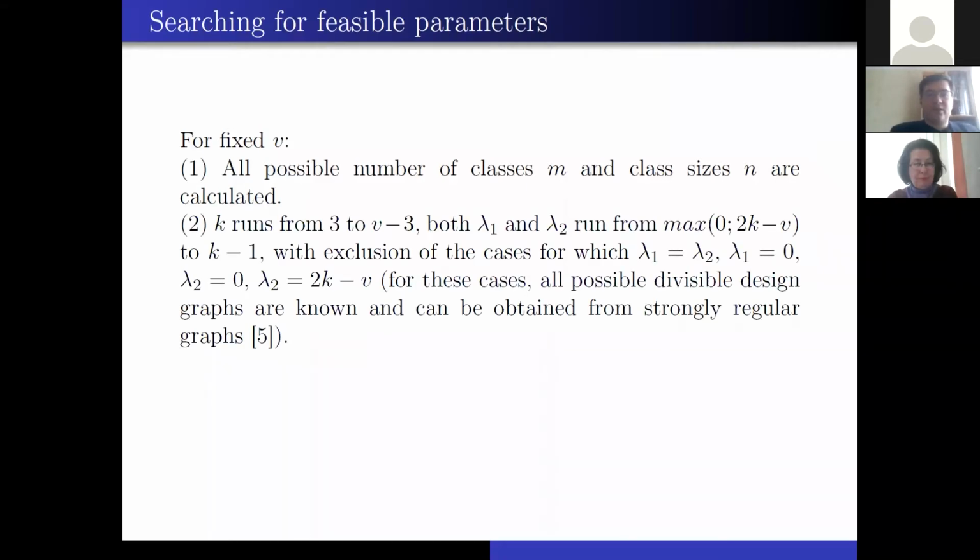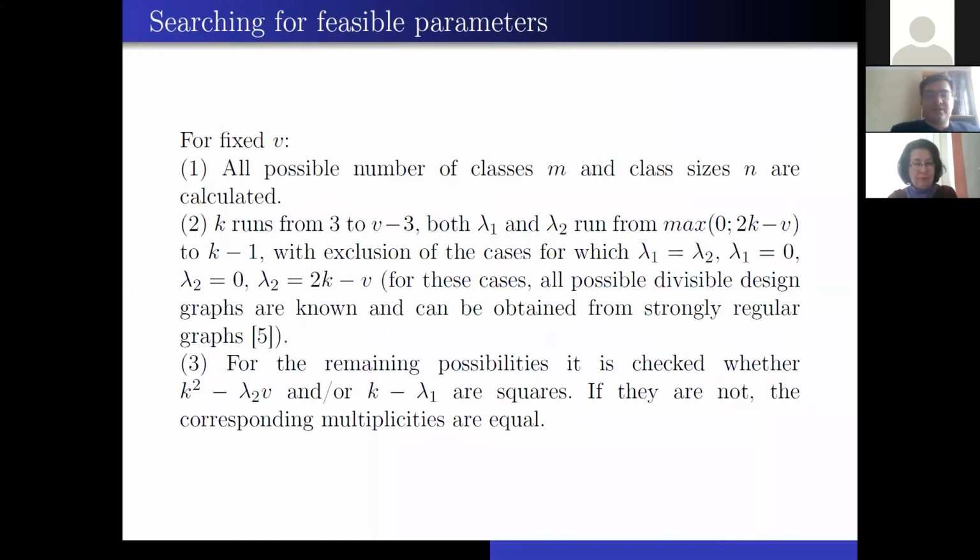After that, the parameter k runs from 3 to v minus 3, and both lambda1 and lambda2 run from the maximum of 0 or 2k minus v to k minus 1, except the cases for which lambda1 equals lambda2, lambda1 equals 0, lambda2 equals 0, or lambda2 equals 2k minus v. For these cases, all possible divisible design graphs are known and can be obtained from strongly regular graphs, and the constructions were listed in the paper by Haemers, Kharaghani, and Meulenberg.